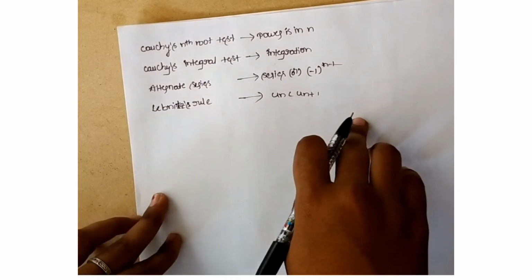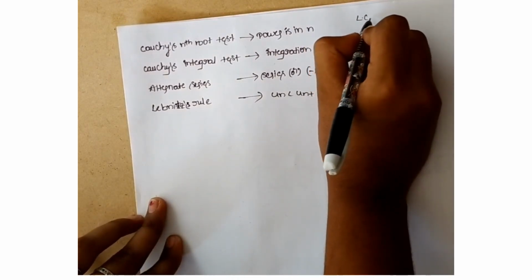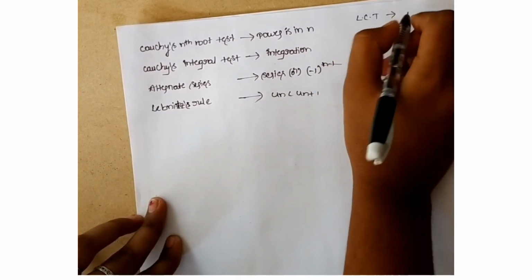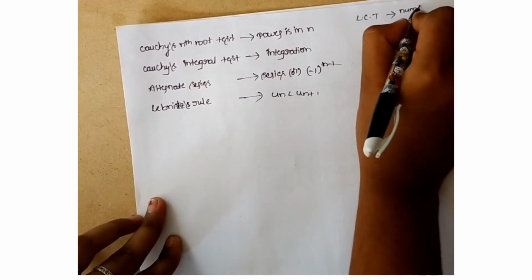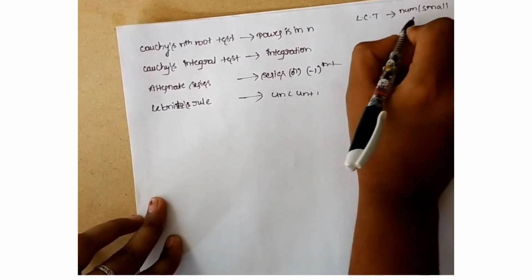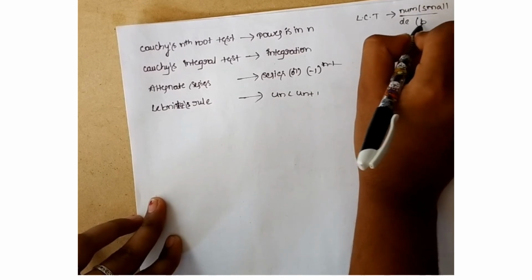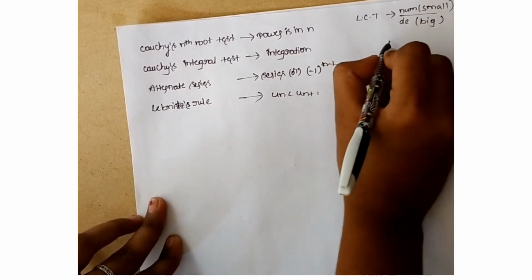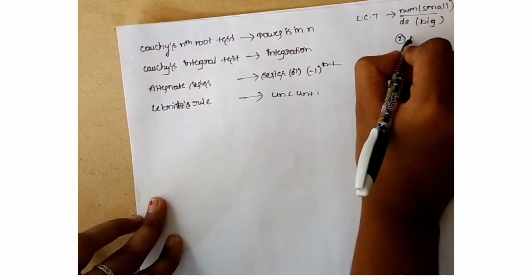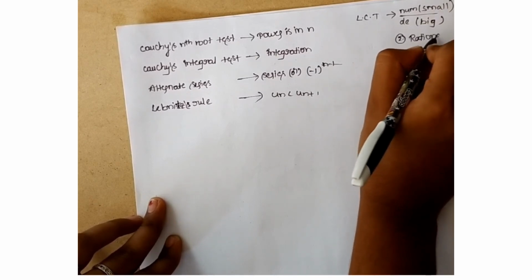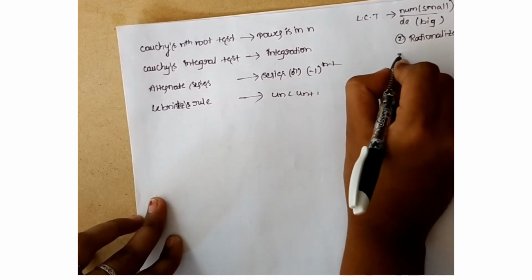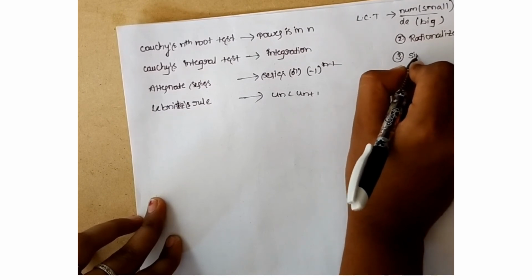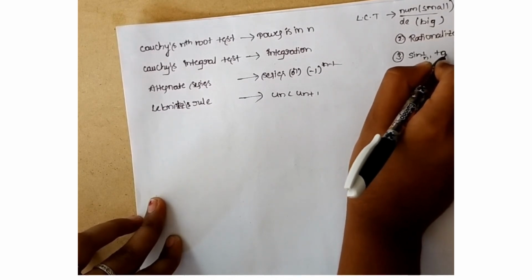These are the remaining ones. In the limit comparison test, the numerator is small and the denominator is big; second, rationalize; third, sums with sin 1 by n and tan 1 by n are present.